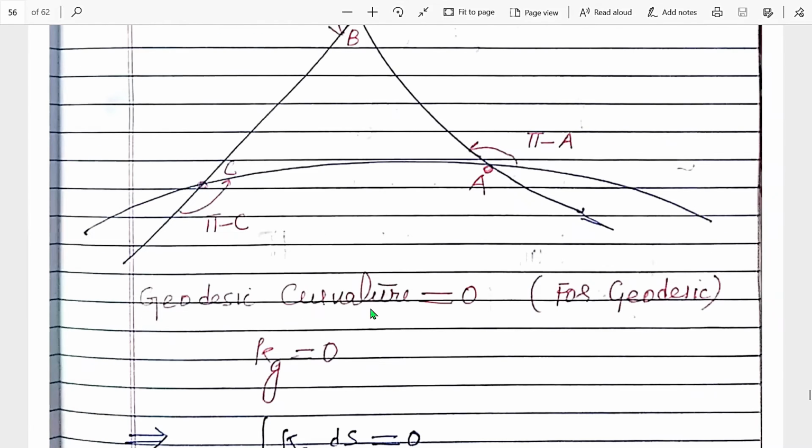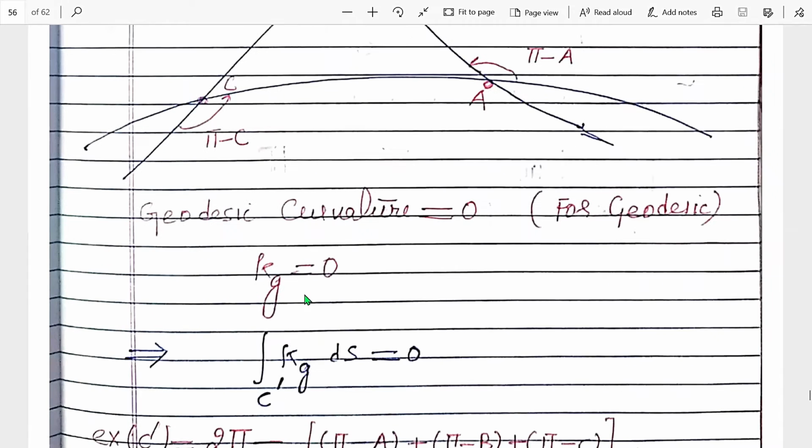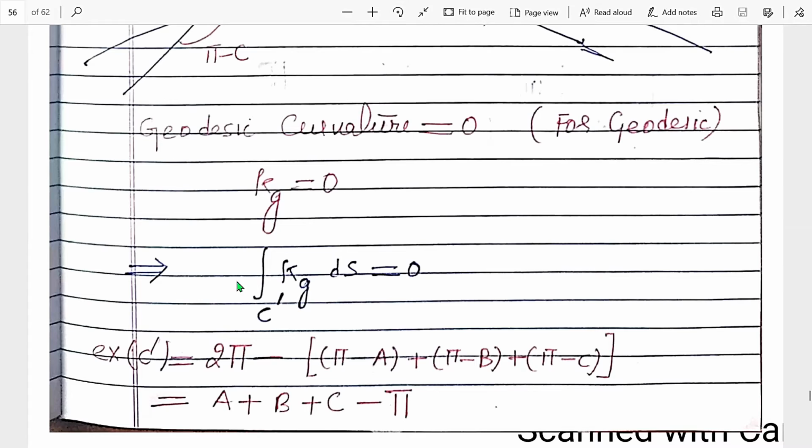Now geodesic curvature, which is equal to 0 for a geodesic, means kappa g is equal to 0. If kappa g is 0, then this integration is equal to 0. If this integration is 0, then the exterior of C dash can be written as 2 pi minus the sum of the exterior angles.